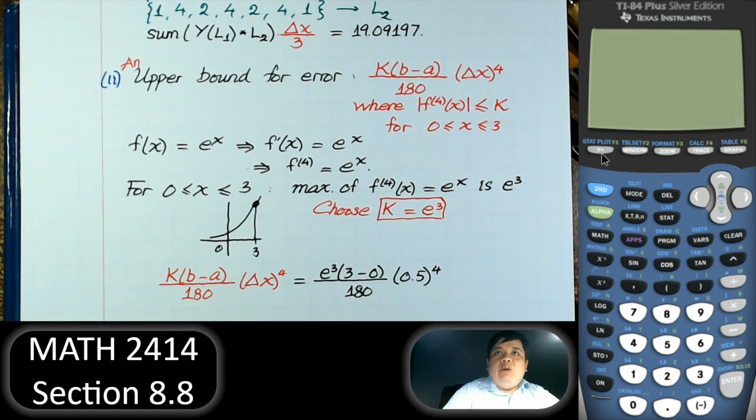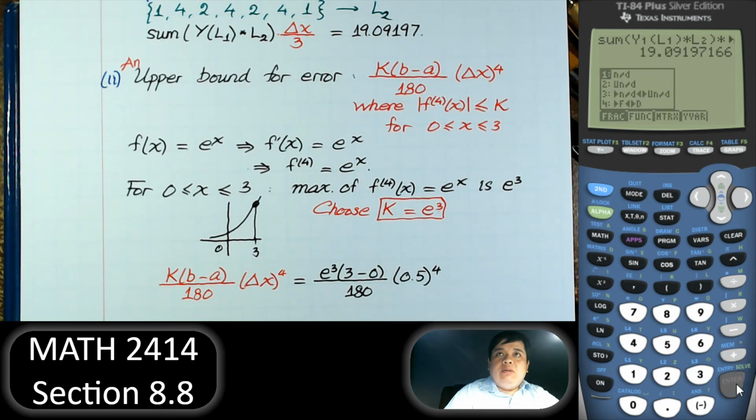Alright, so fraction, e cubed times 3 minus 0, I just put 3, divided by 180, times 0.5 to the fourth power, sorry.